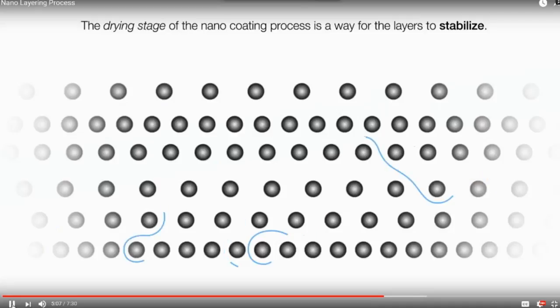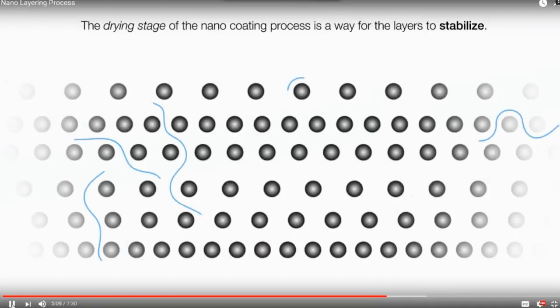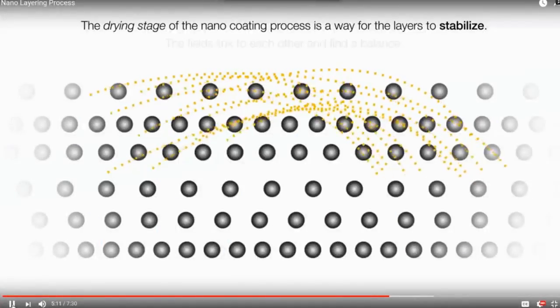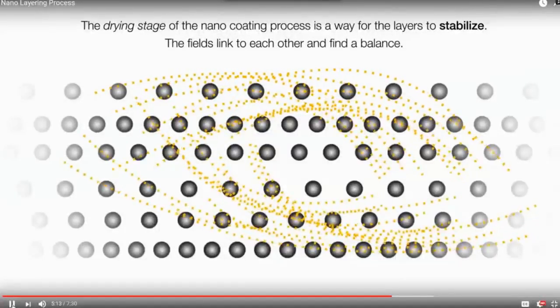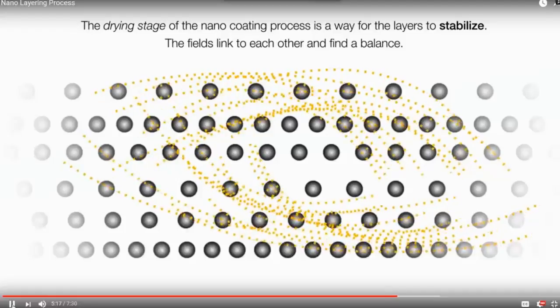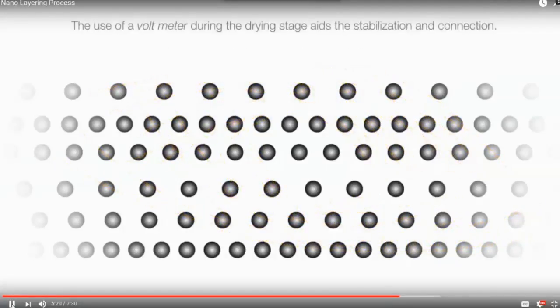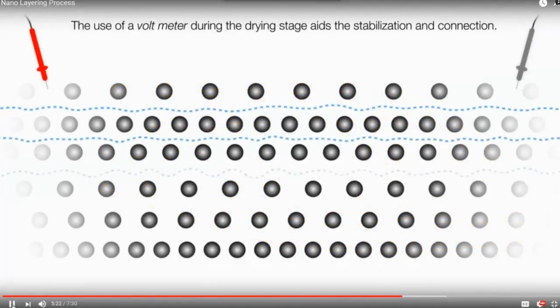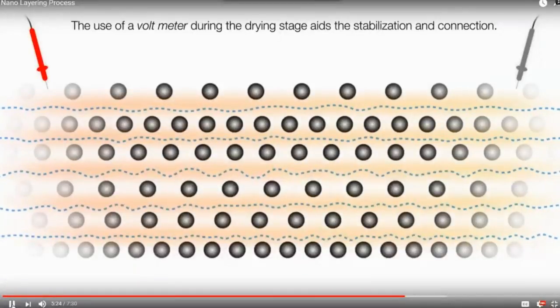The drying stage of the nano-coating process is a way for the layers to stabilize. The fields link to each other and find a balance. The use of a voltmeter during the drying stage aids the stabilization and connection.